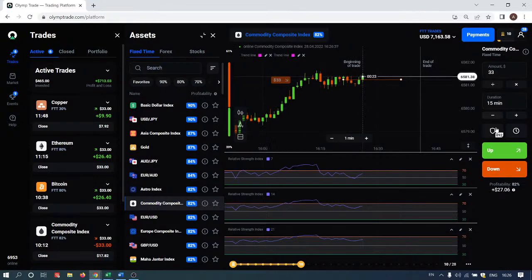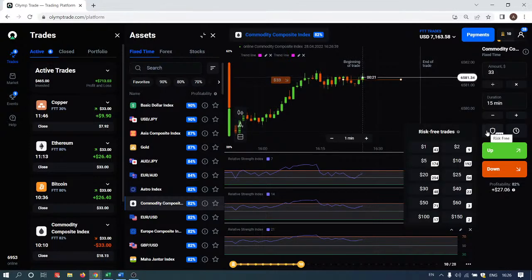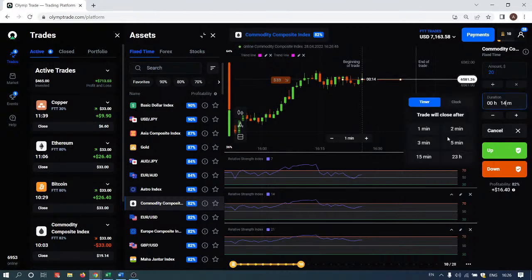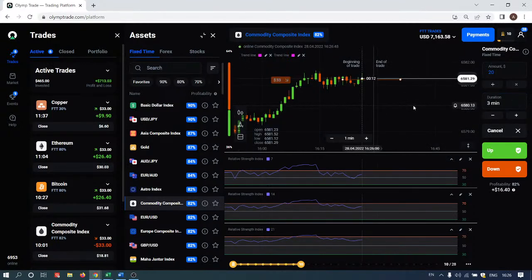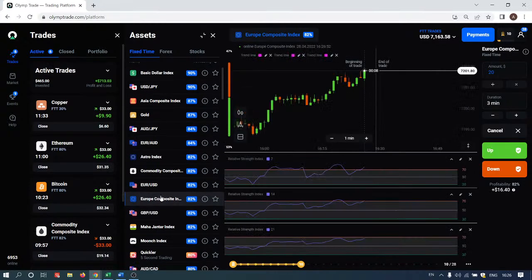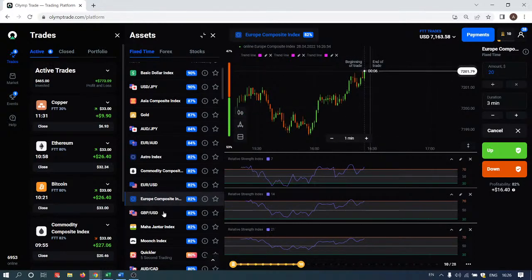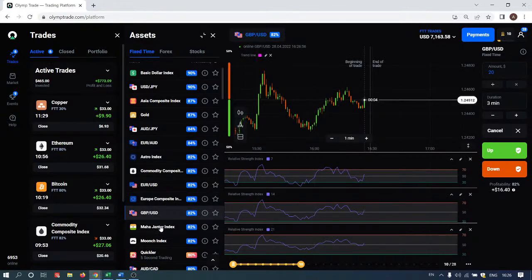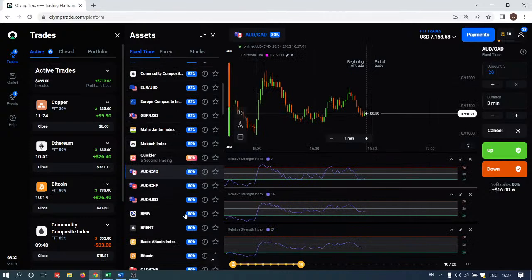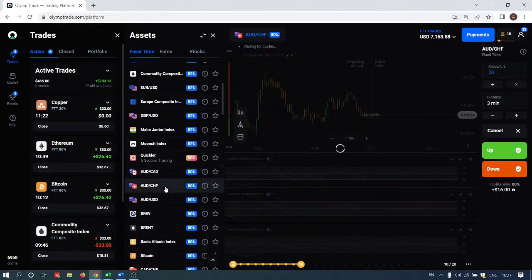Now, guys, I want to show you my risk-free trades. I have a big number of risk-free trades, because I don't use them that much, in fact. And like I told you many times, if you are a successful, profitable trader, you don't really need those risk-free trades that much. They're not gonna change things dramatically, but they are like a cherry on top of the pie.